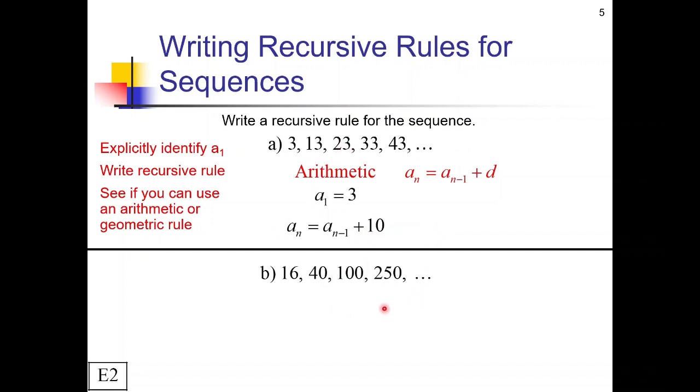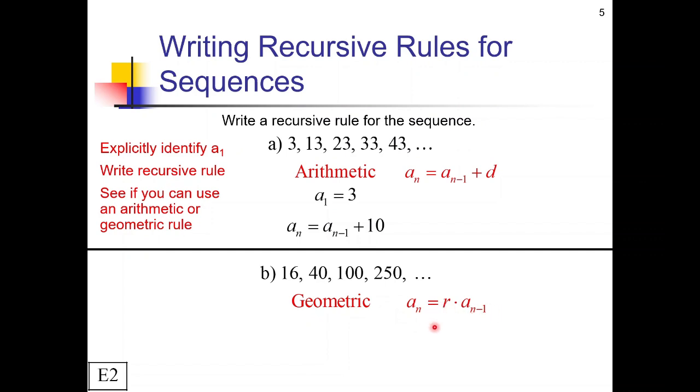All right, now looking at this next one. This is definitely not an arithmetic sequence. We're not adding the same thing over and over again, but you might notice that it looks like we're multiplying by the same thing over and over again. Like 40 times 2.5 is 100, times 2.5 is 250. So this is a geometric sequence, which means I can use my geometric recursive formula, r times a sub n minus 1.